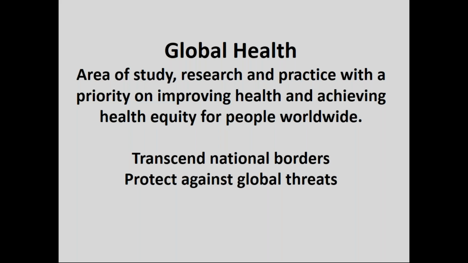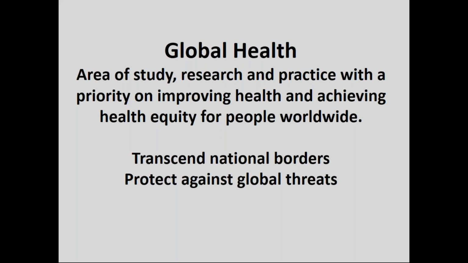And there are a lot of different definitions that you might come across. I'm just going to use the one that's available on Wikipedia. And Wikipedia describes it as the area of study, research, and practice that places a priority on improving health and achieving equity in health for all people worldwide. It is meant to address problems that transcend national borders or have global political and economic impact.